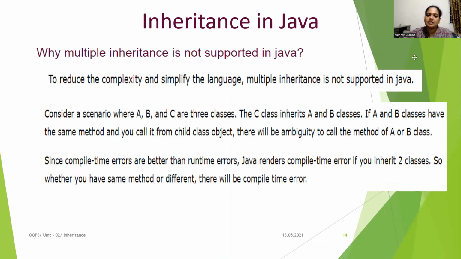Class C inherits A and B. If A and B classes have the same method and you call it from the child class object, there will be ambiguity in calling the method of A or B class. Since compile time errors are better than runtime errors, Java renders a compile time error if we inherit two classes. Whether they have the same method or different, there will be a compile time error.